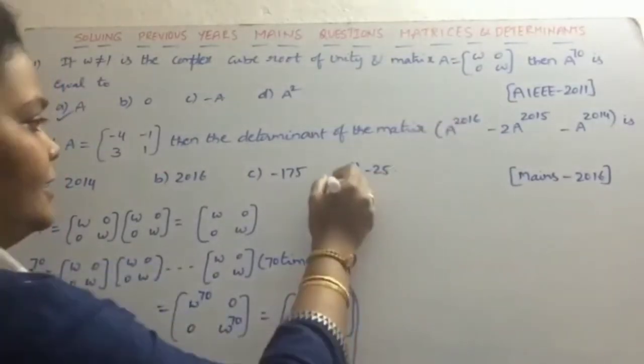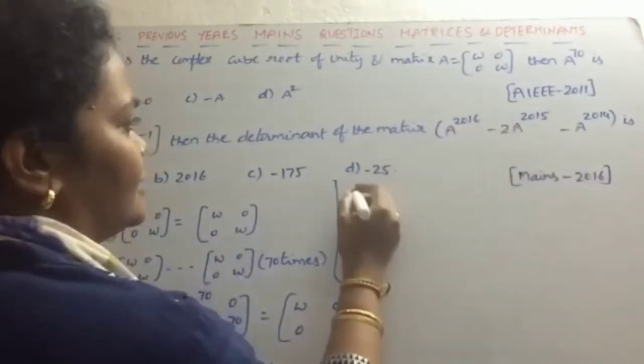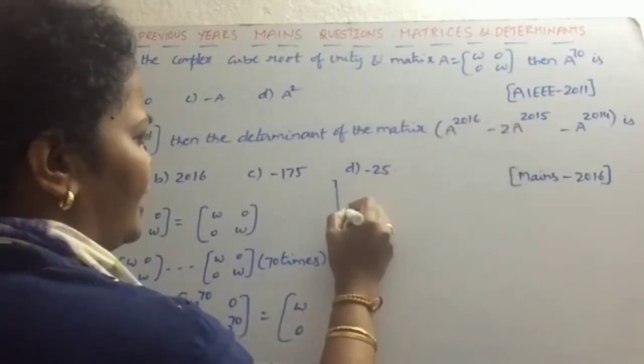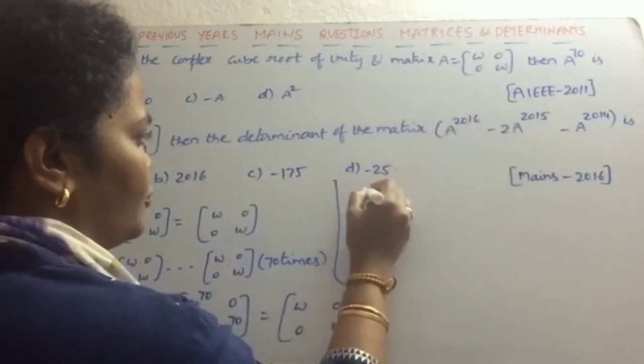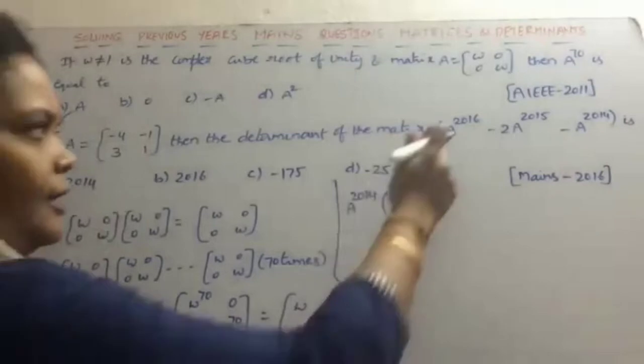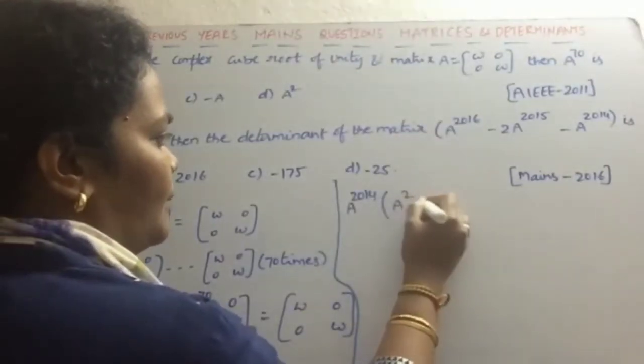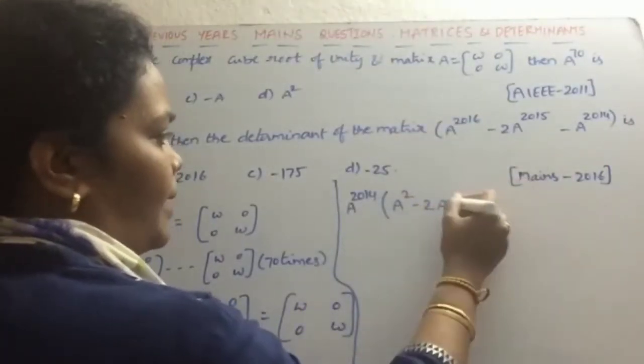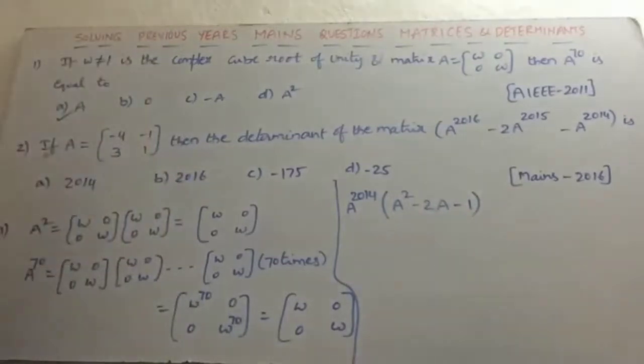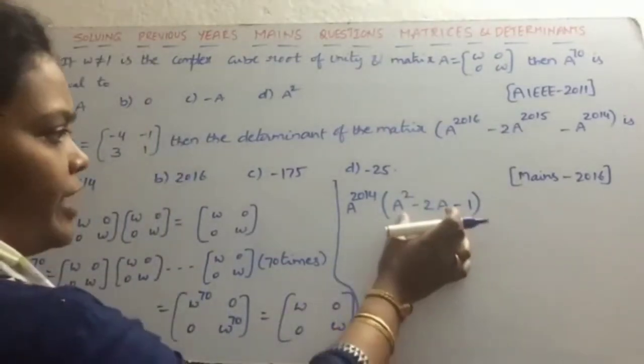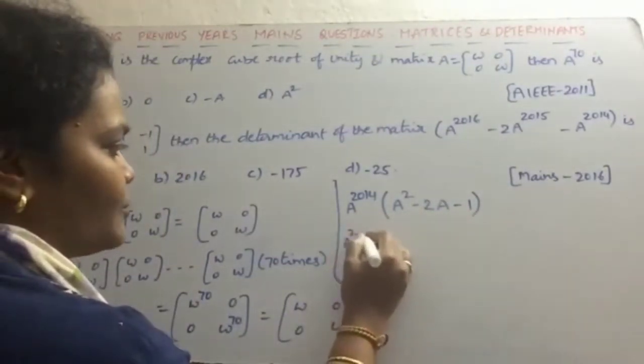I will take A to the power of 2014 common. Then we get A square minus 2A minus 1.